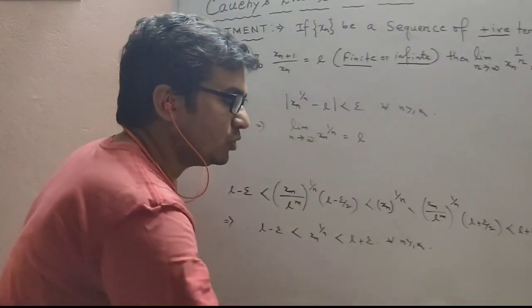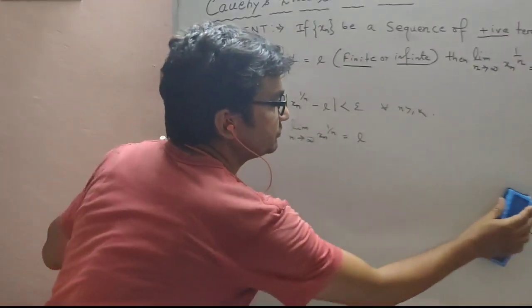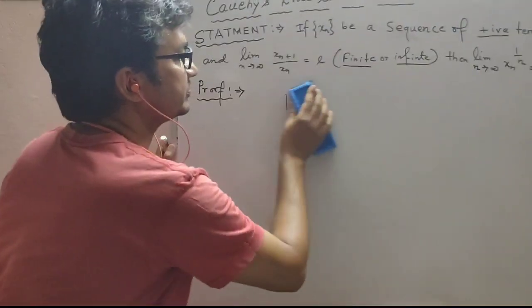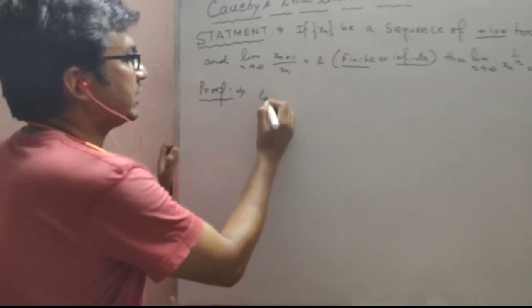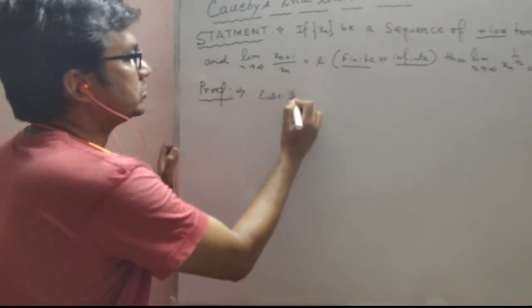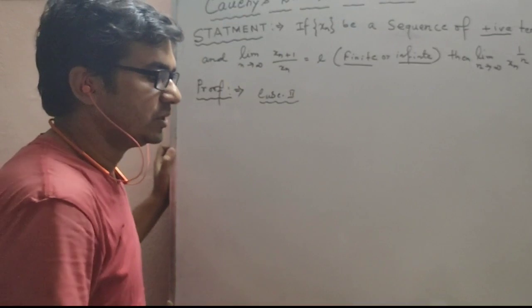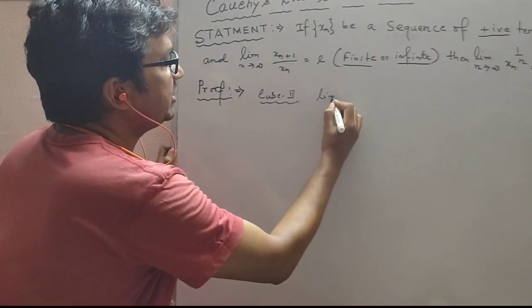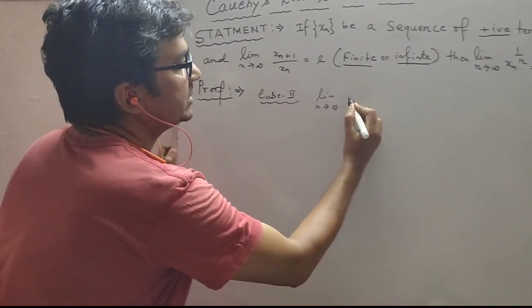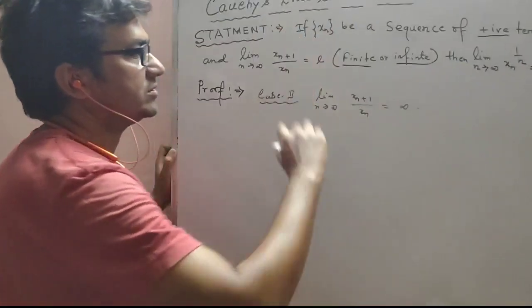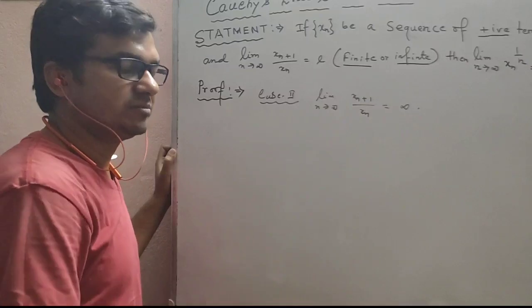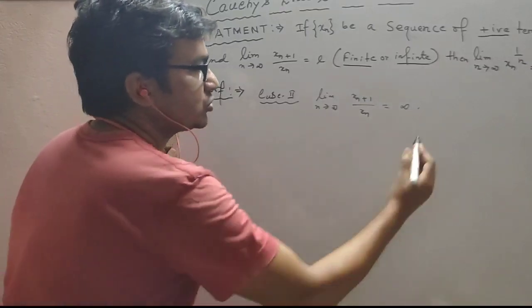Now we go to the second case. Case 2. Let limit n tends to infinity xn plus 1 by xn equal to infinity.